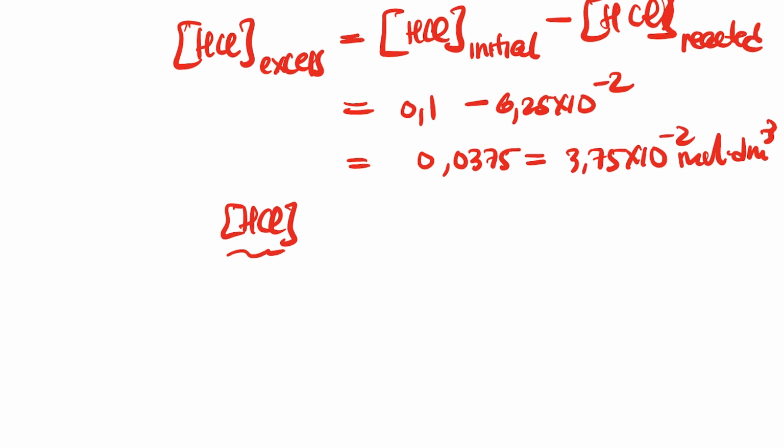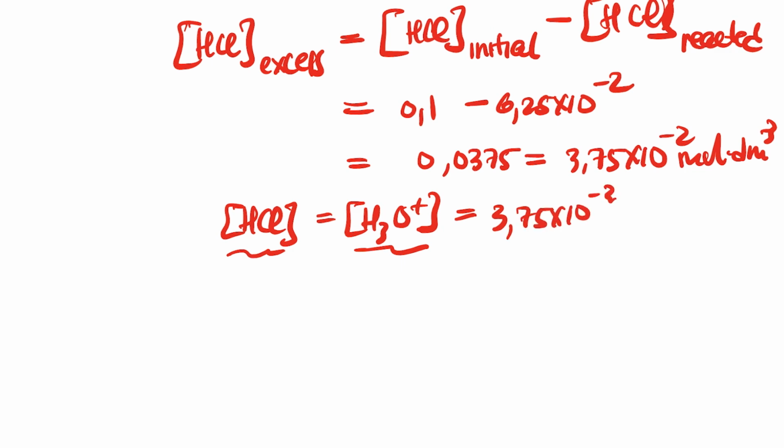Since the hydrochloric acid is monoprotic, that means its hydronium has the same concentration, right? So the concentration of the hydronium is going to be the same as the concentration of the HCl, right?